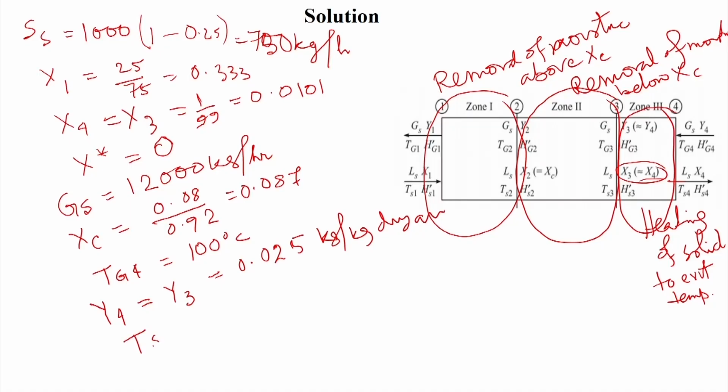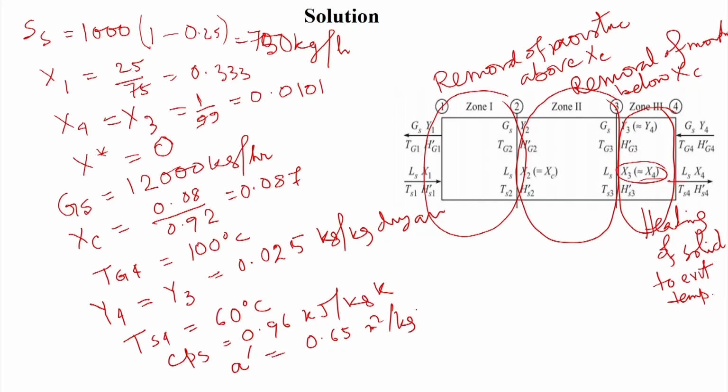T s 4 is 60 degrees Celsius, and C p s is 0.96 kilojoule per kg Kelvin. A prime, the specific area, is given as 0.65 meter square per kg, and the mass transfer coefficient K y is given as 150 kg per meter square hour. These are the parameters given in this problem.